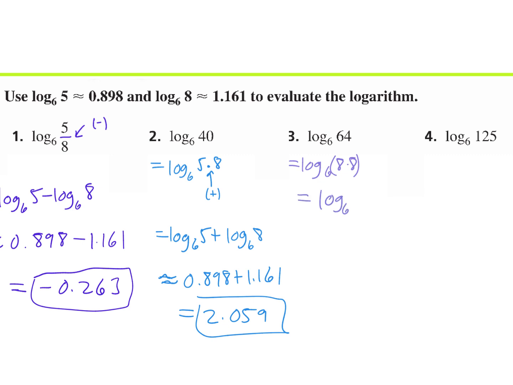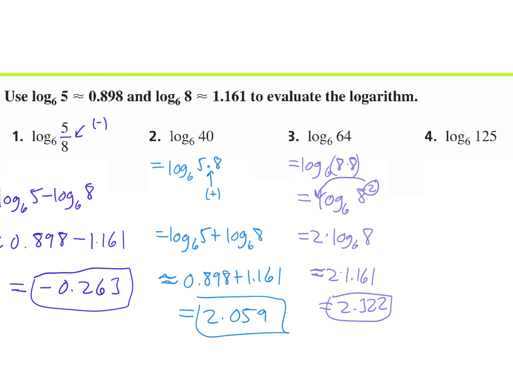We have log base 6 of 8 squared, and this square over the 8 can go right in front of our log base 6 of 8, and this is going to get us 2 times log base 6 of 8. And I know log base 6 of 8 is approximately 1.161. All right, so we get that this is 2.322.